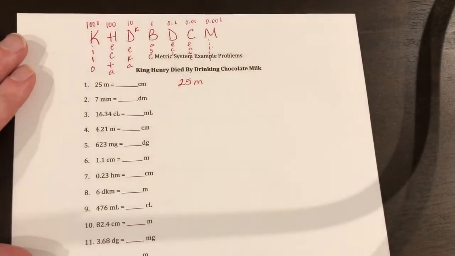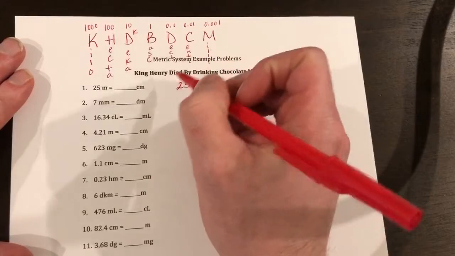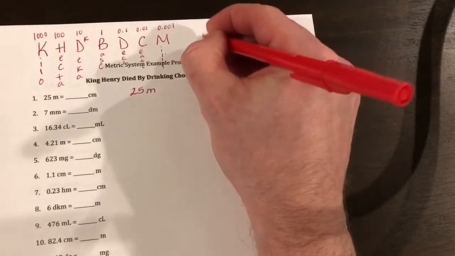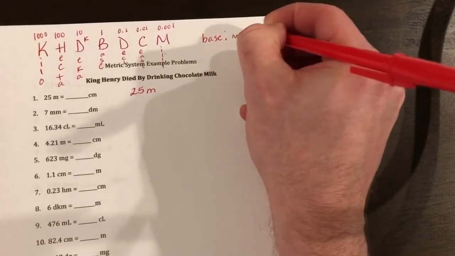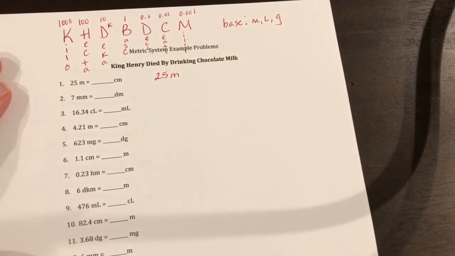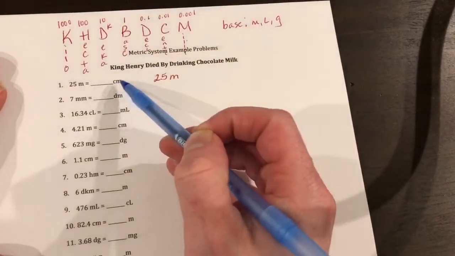Okay, so I have 25 meters. Your base units for this are going to be meters, liters, and grams. It all works the same way. So I'm going to take 25 meters. I'm at my base unit, and I want to go to centimeters.